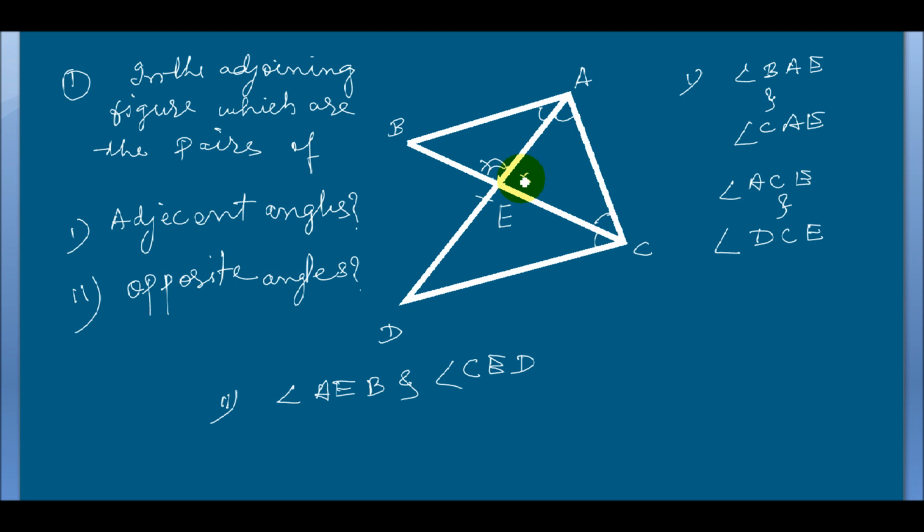Here this angle and this angle, for example angle BED and angle AEC, are opposite angles. Okay, similarly, I have written two pairs.